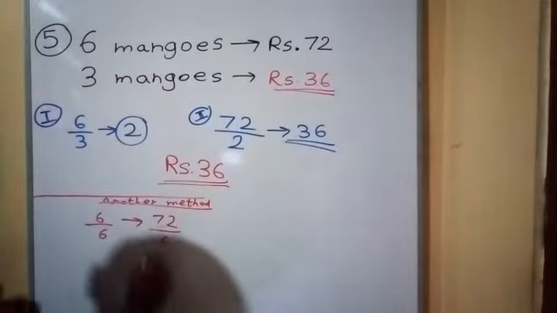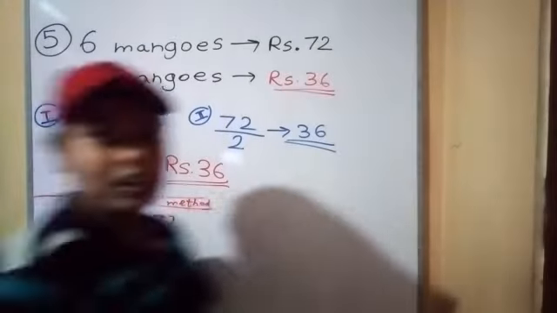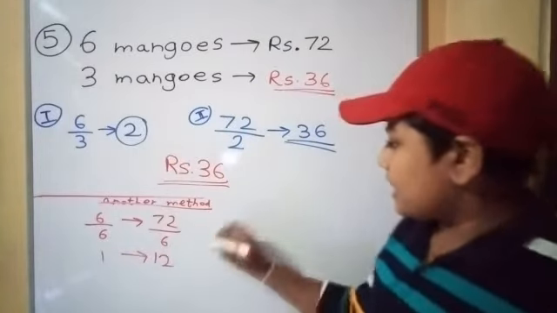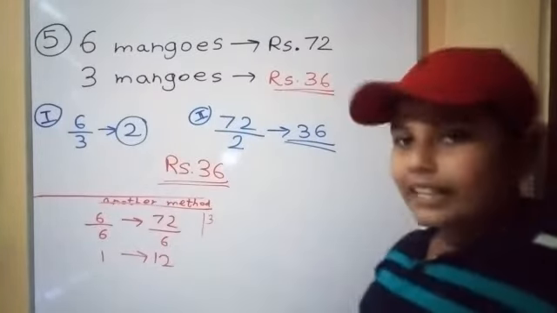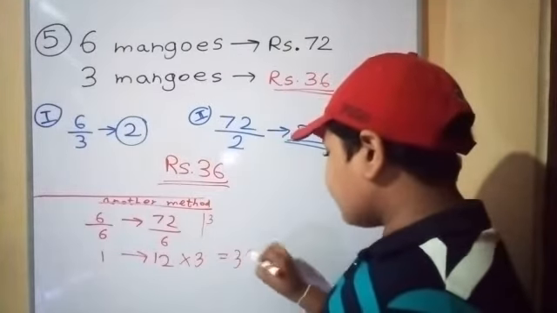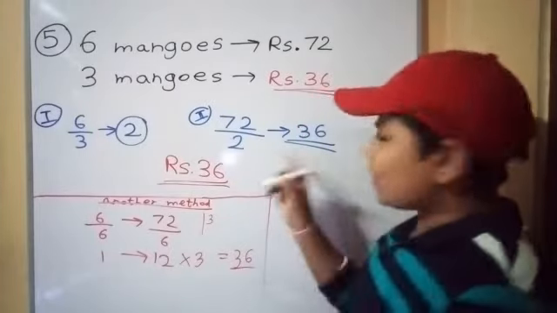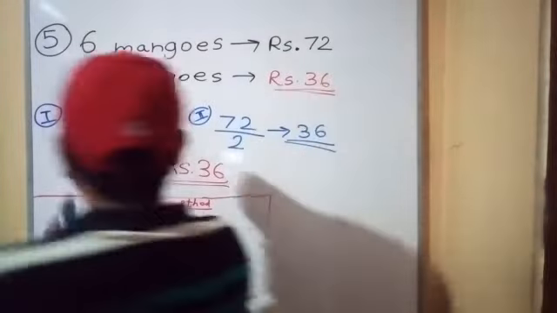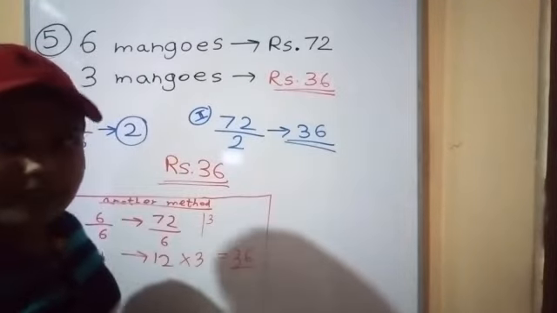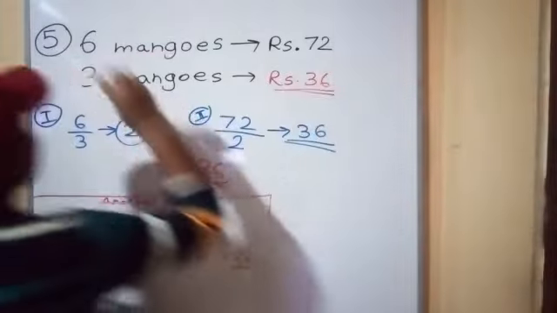The answer is 12. That means 1 mango is 12 rupees. They ask to find 3 mangoes, so multiply by 3 and we get 36. This is the other method. This method is very easy, but this one is also very easy. Both give the answer 36, which is correct.